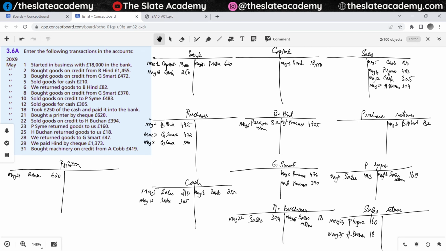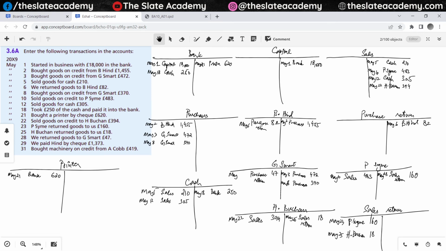Then we returned goods to G Smart. So the double entry would be G Smart debit, purchase return credit, goods worth 47. So G Smart debit 47, purchase return credit, and this is on May 28.